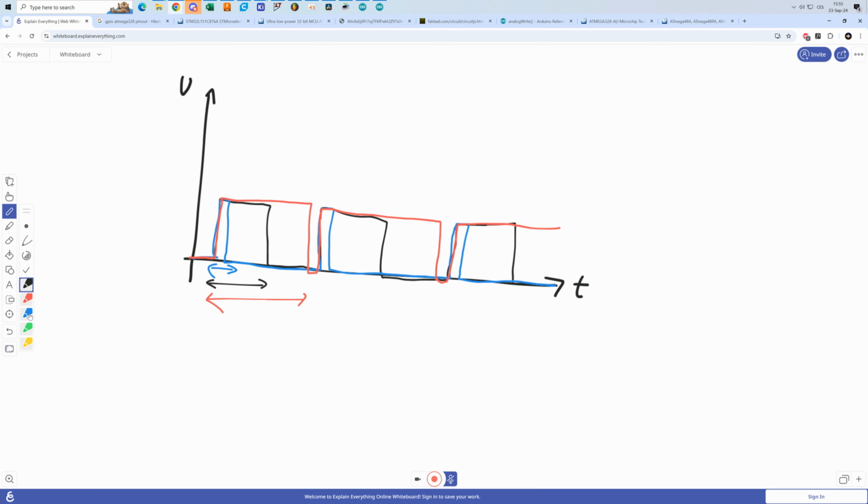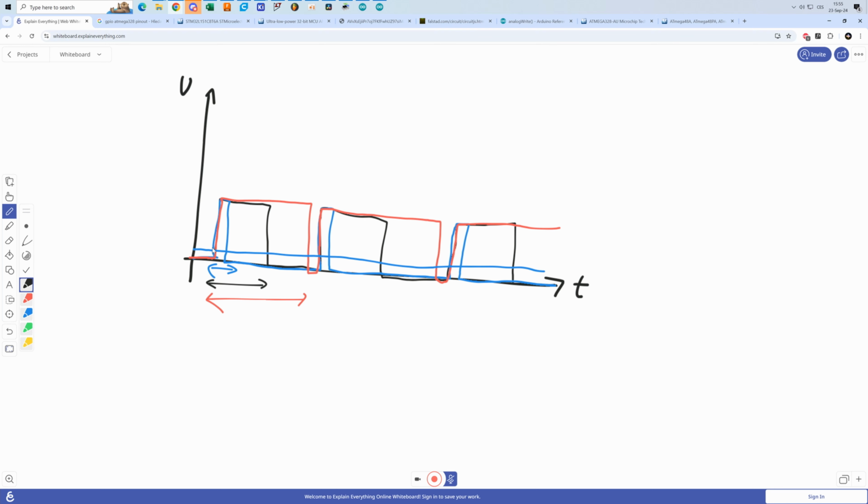So if we check the voltage on the pin while the duty cycle is very low, we may actually see that there is some very small analog voltage, right? So in this case, for example, the average voltage is this one, and this is what we would measure.